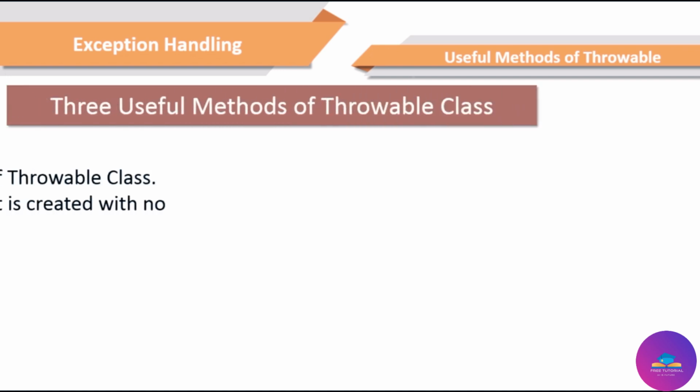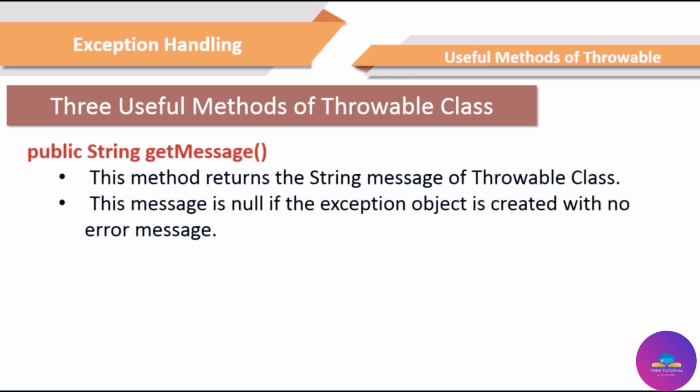The first one is the getMessage method, and this method returns the string message of the Throwable class. And this message can also be provided while creating the exception through its constructor. So this message is null if the exception object is created with no error message.